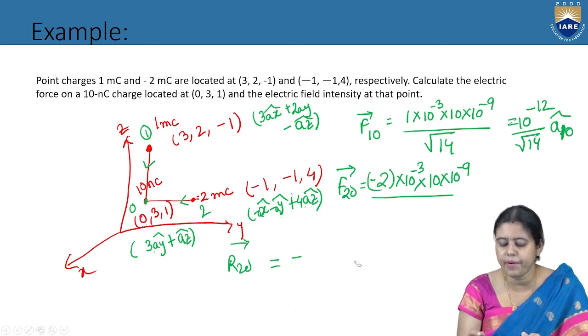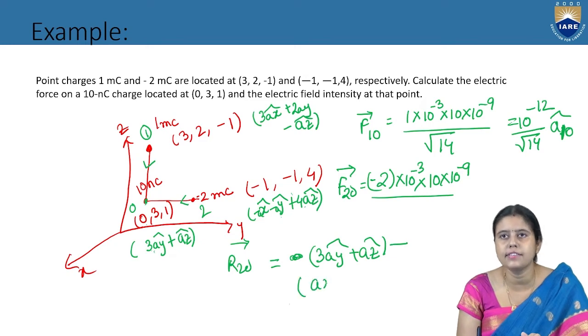It is end point minus starting point, so it is coming 3ay plus az minus ax plus ay plus 4az.